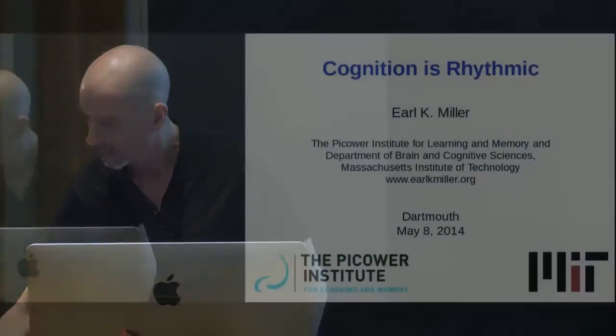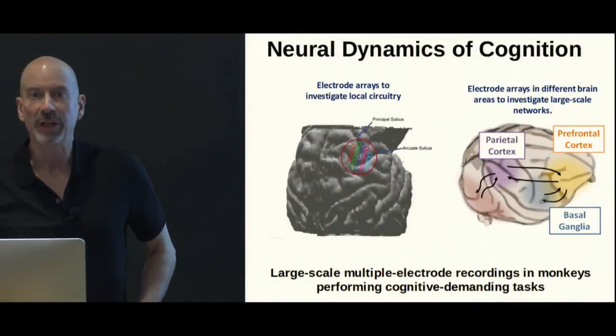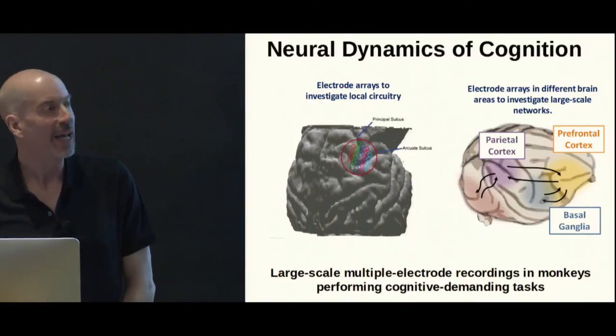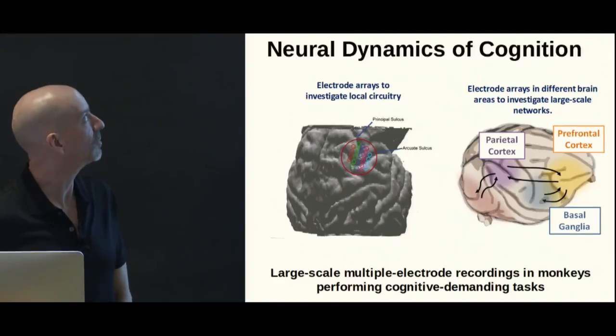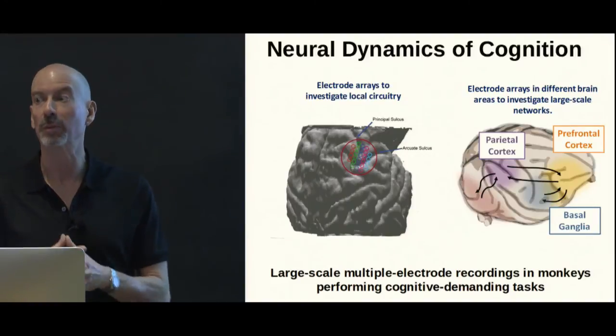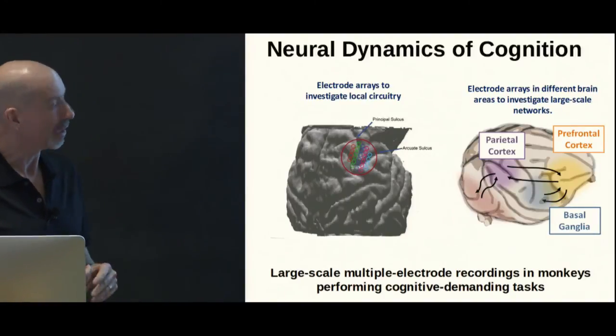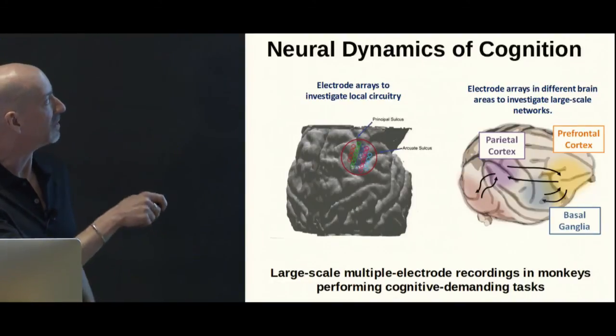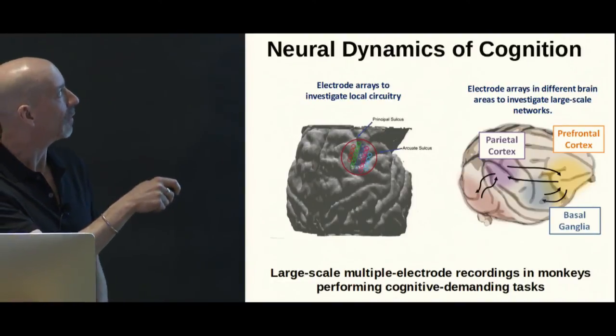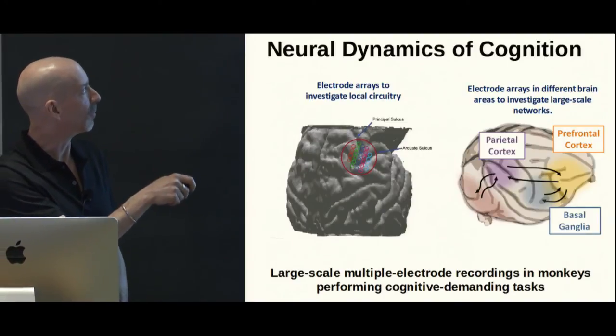I thought I should begin by telling you a little bit about what we do. So what we do is we experiment in trained macaque monkeys, and we use multiple electrode recording, arrays of electrodes to record in multiple brain areas simultaneously. Here's an example of one of our monkey brains, an MRI with one of our electrode arrays implanted over the prefrontal cortex.